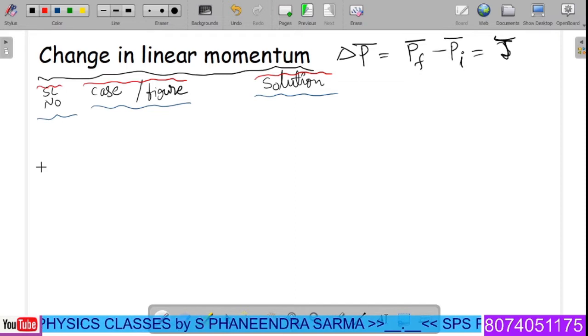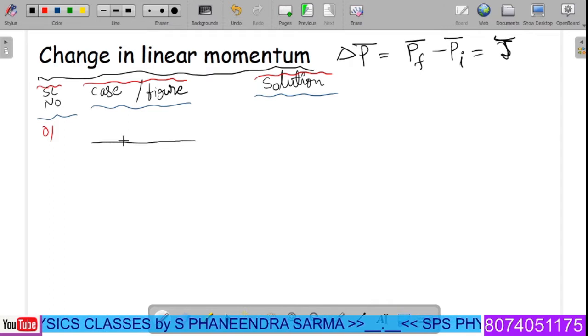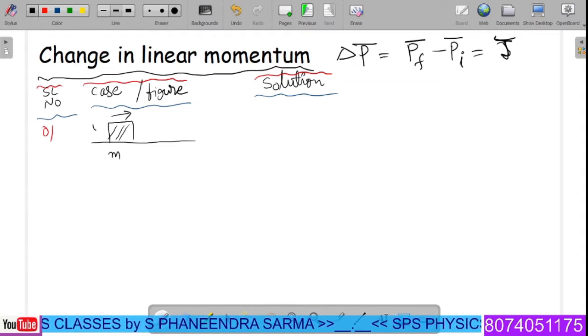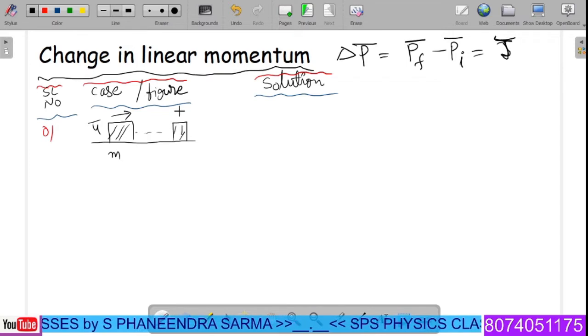First, example number 1. Let us consider that on the floor, a massive object of mass m moving with a velocity u bar changes to the velocity v bar, and both are moving in the same direction.